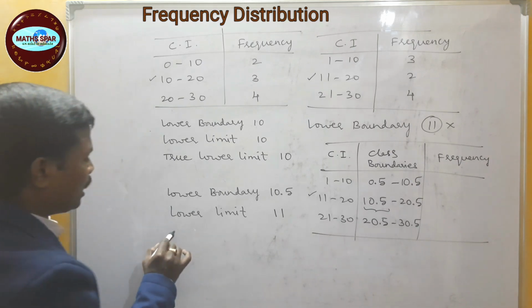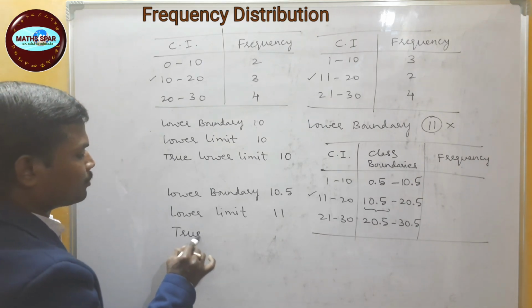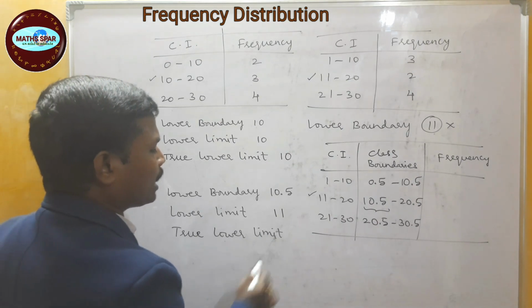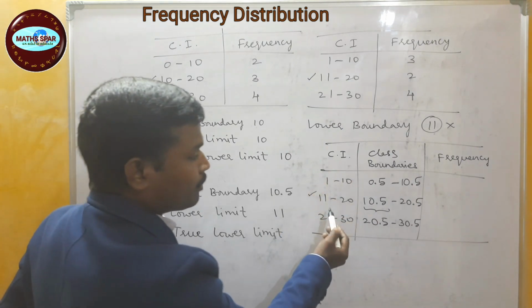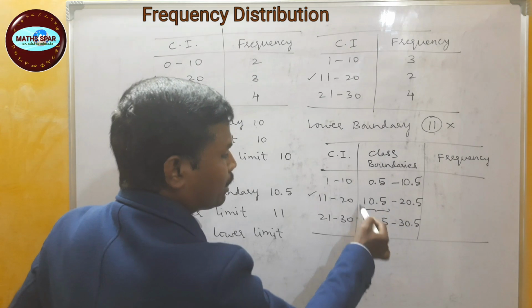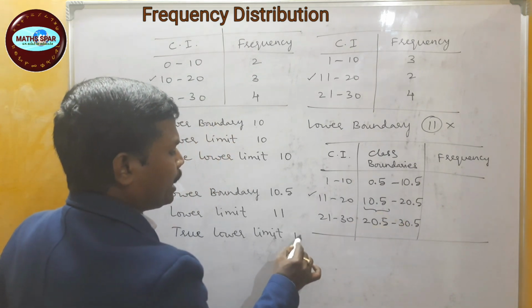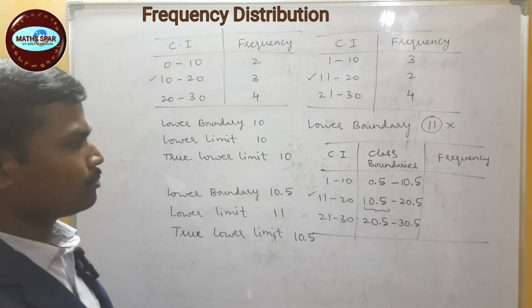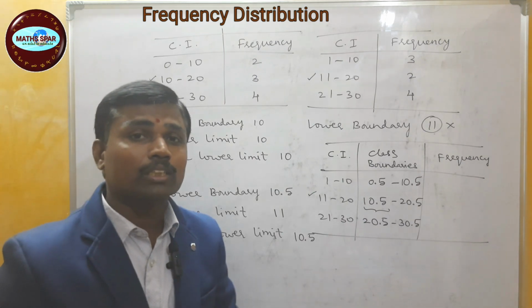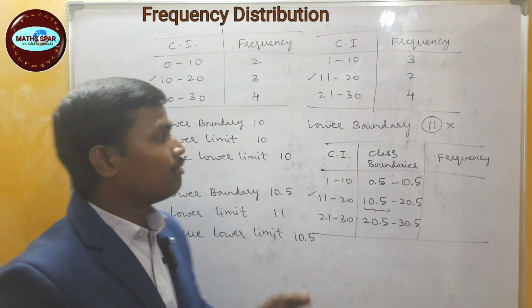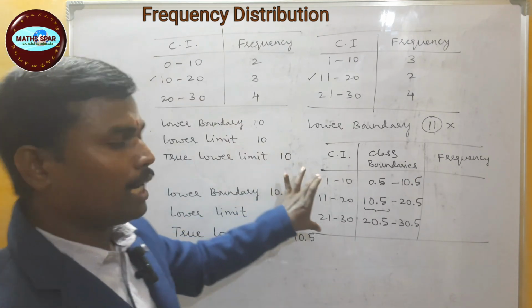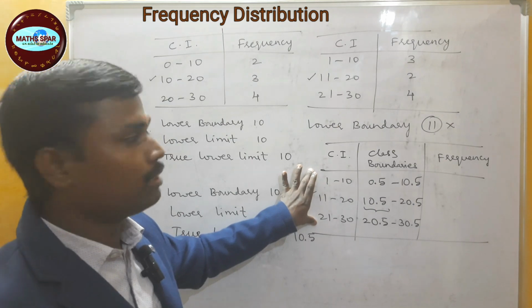Then what is the true lower limit of the second class interval? The true lower limit is nothing but the lower boundary, that is 10.5. So you have to observe this change between a continuous class interval and a discontinuous class interval.